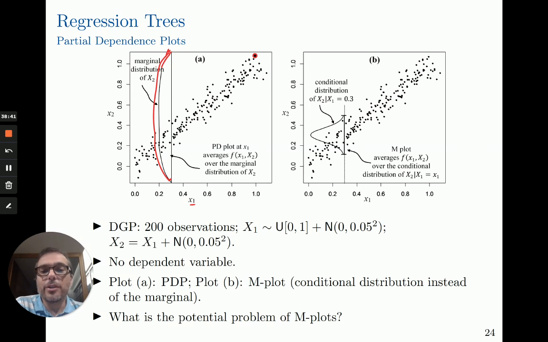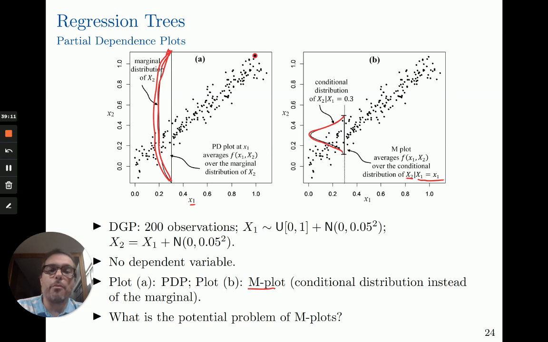So there's a kind of conditional distribution plot, the M plot, that uses the conditional distribution instead of the marginal distribution. We are going to average over the conditional distribution of x2 given x1 equal to lowercase x. Instead of averaging over this full distribution here, the conditional distribution is much narrower.